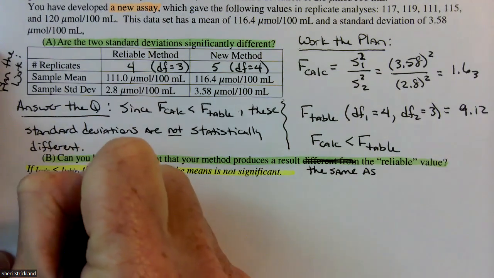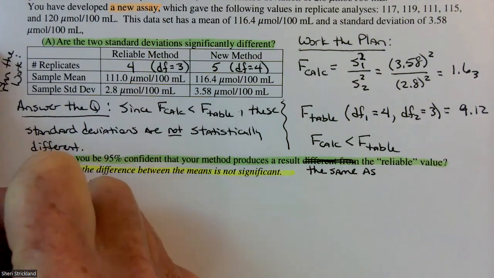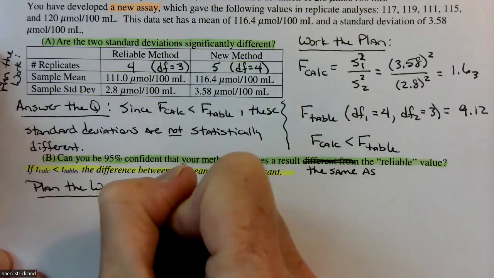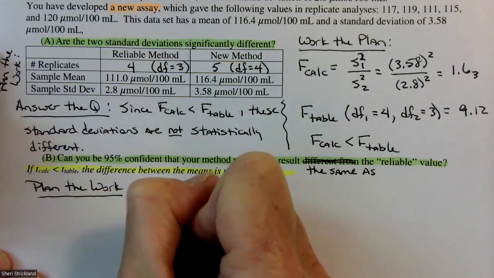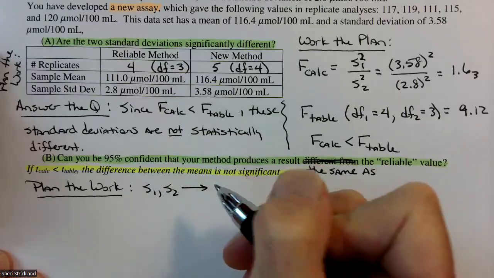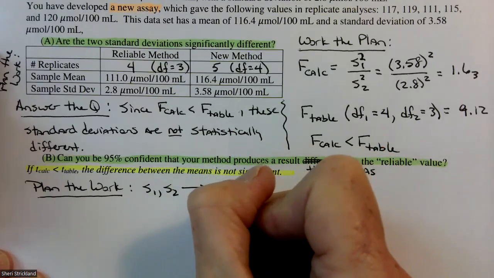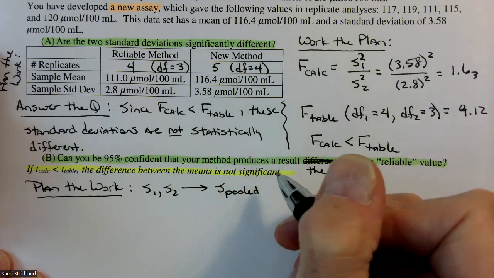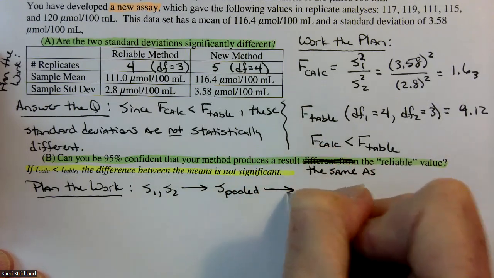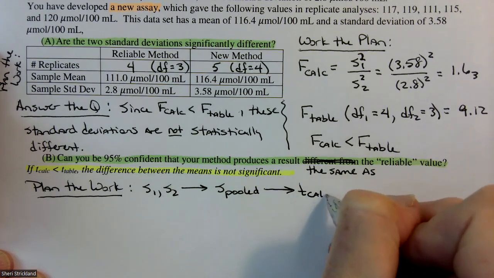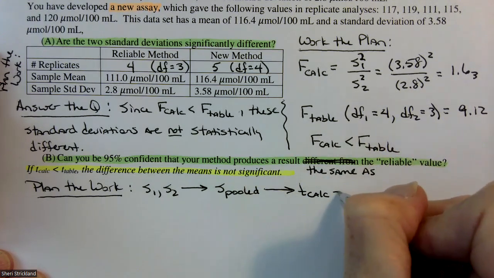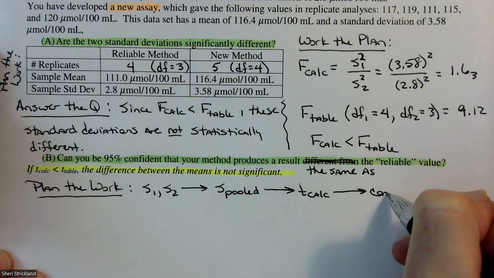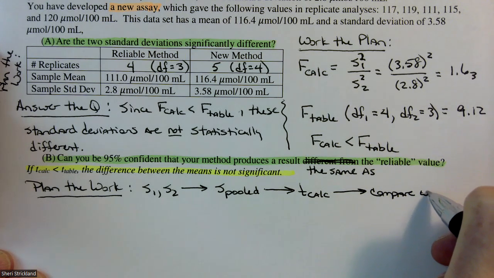All right, so in our work strategy, we've got these guys, which we'll use to make a pooled standard deviation because they're not statistically different, so we can put them together. Go from there to the calculated value of the t statistic, and then we can compare with the table value.